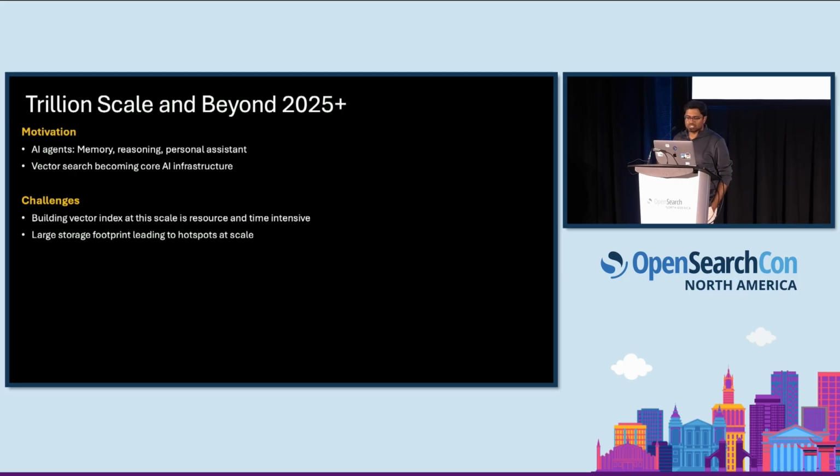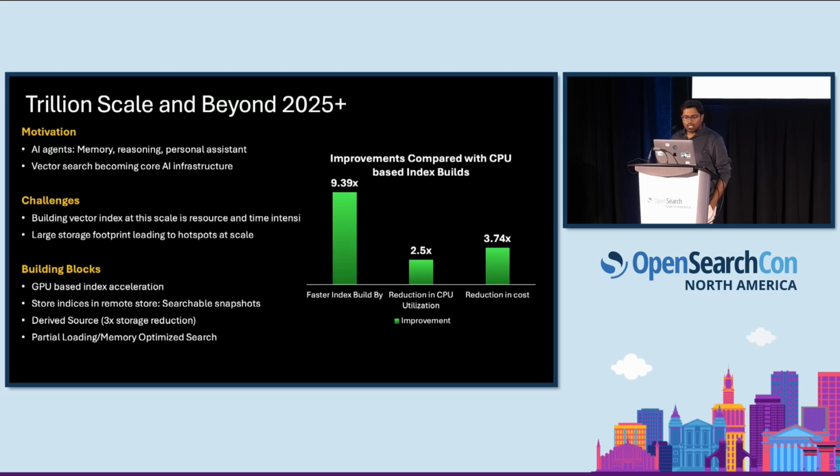So that's where OpenSearch introduced GPU-based index acceleration to tackle the indexing problem. And then at this scale, the storage also becomes a bottleneck. So you need a way to decouple your storage from the nodes. So OpenSearch introduced searchable snapshots.